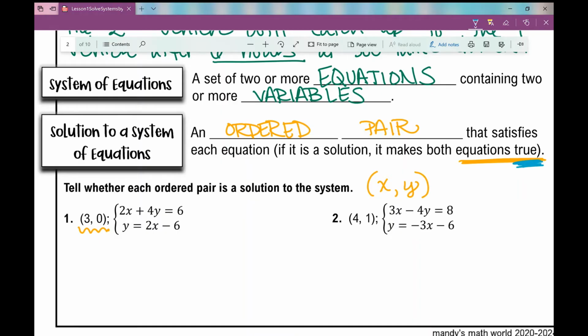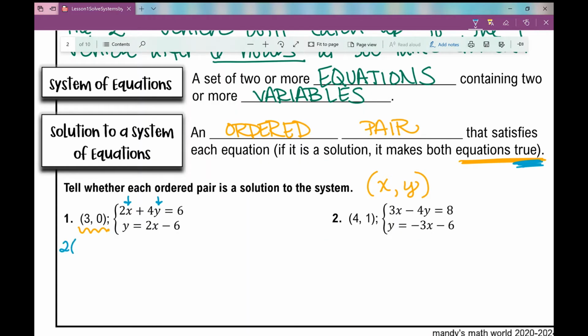So in this first equation, 2x plus 4y equals 6, I'm going to replace x with 3 and y with 0. And I'm going to simplify it and determine if it's a true statement at the end.